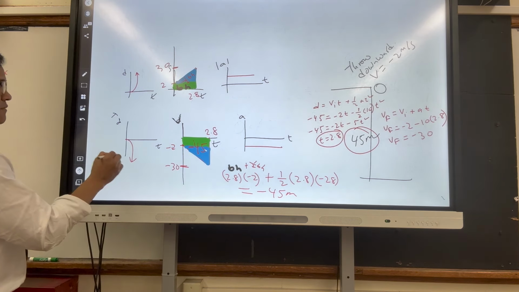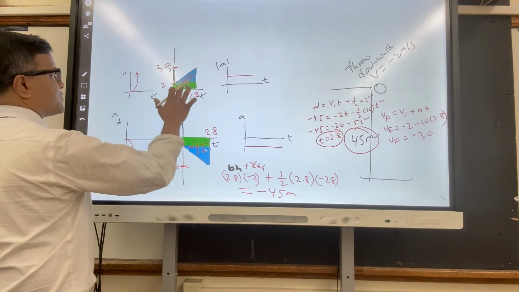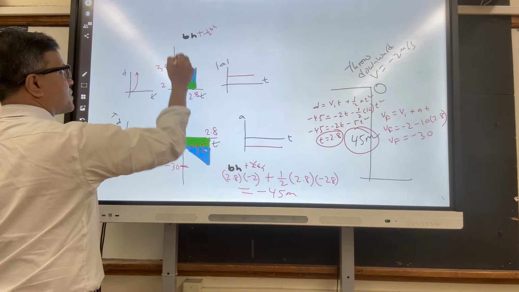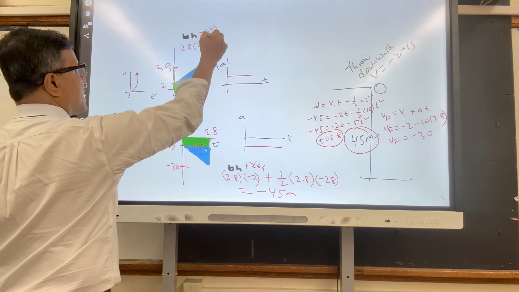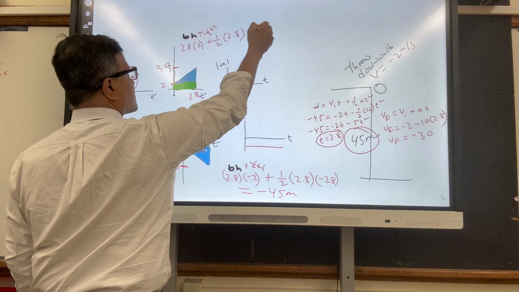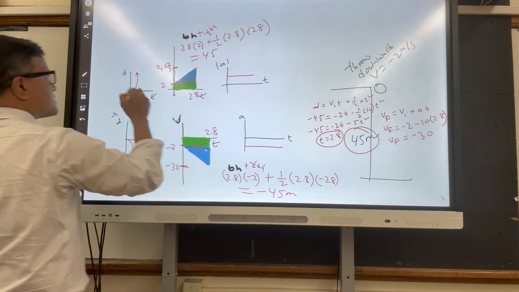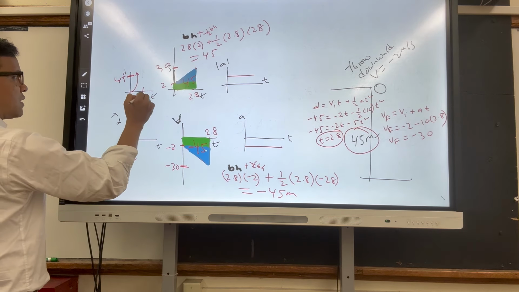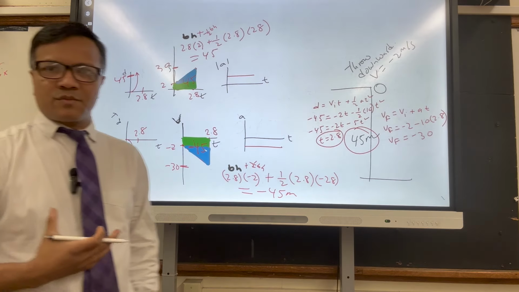Is this -45? It has to be. BH plus half BH. B is 2.8, H is 2, plus half B is 2.8, H is 28. So this is 45. Is this 45? Yep, when the time is 2.8. Okay, good. So you should be able to do this one.